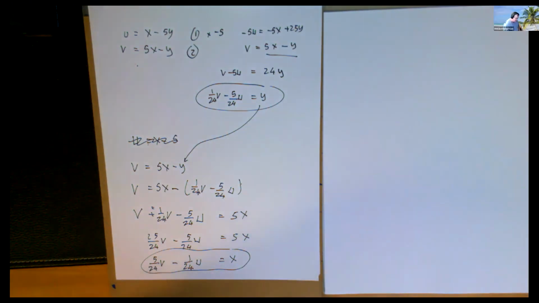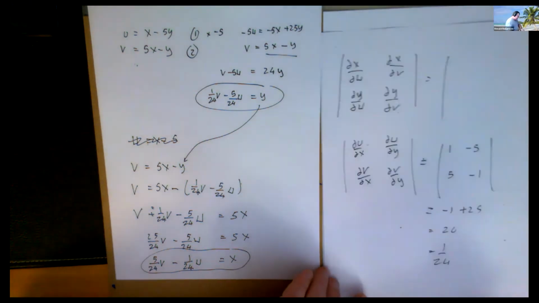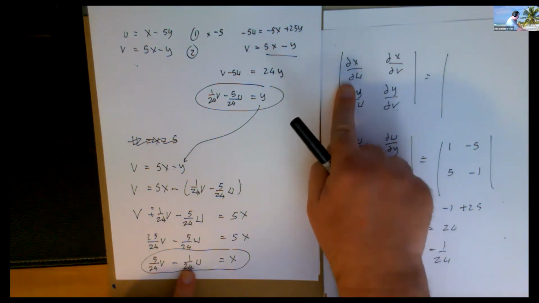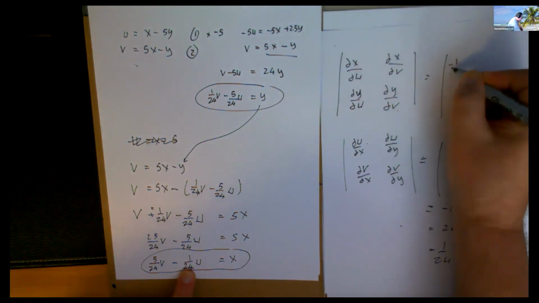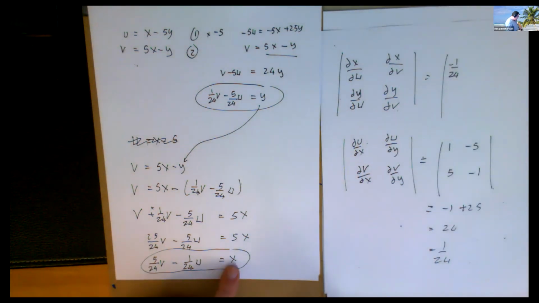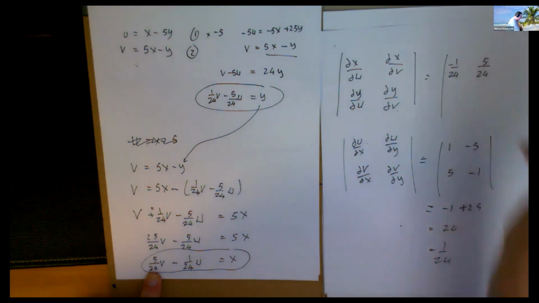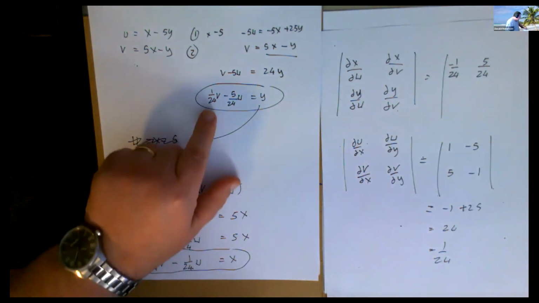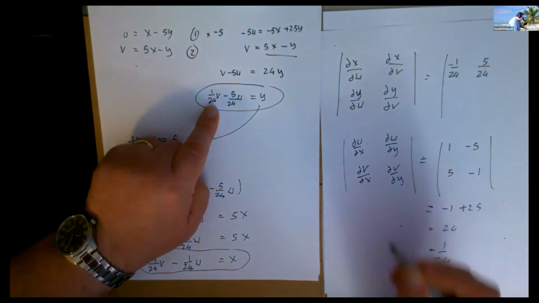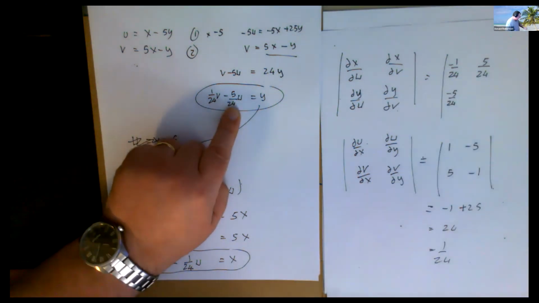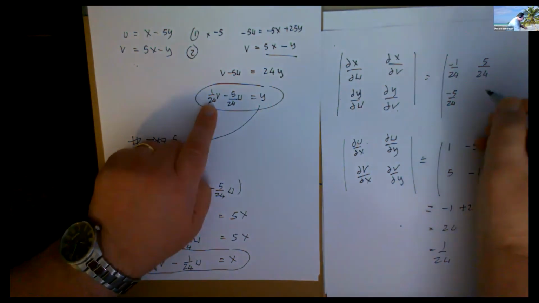So to get this fella, I differentiate this guy here with respect to u, and I get -1/24. I then take this guy with respect to v, and I get 5/24. I then take the y and do a u on him, which is -5/24. And I do a v on him, and I get 1/24.